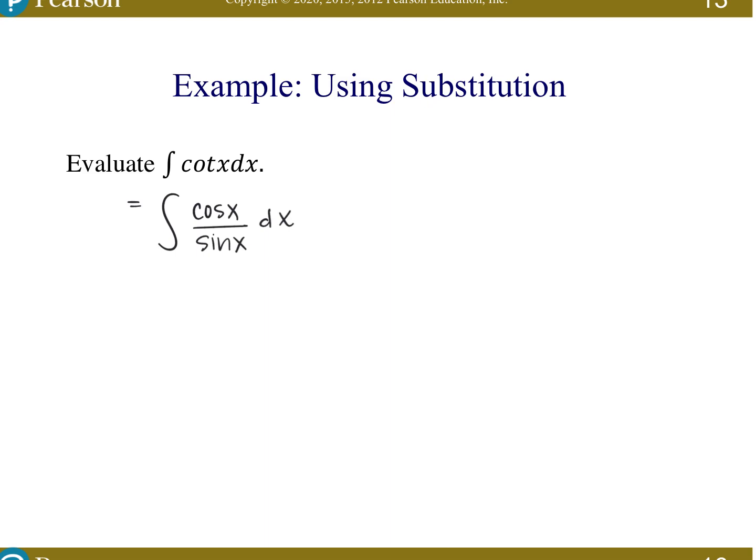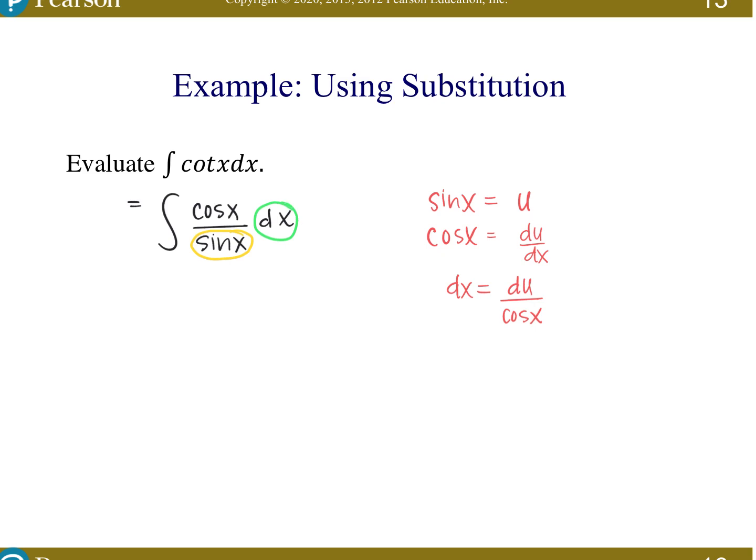So sine is what we're going to pick to be our u, because the derivative of sine is cosine. Which means cross multiplying gives me du divided by cosine. So the things I'm going to replace are my denominator and my dx. I'm not going to worry about the cosine right now.